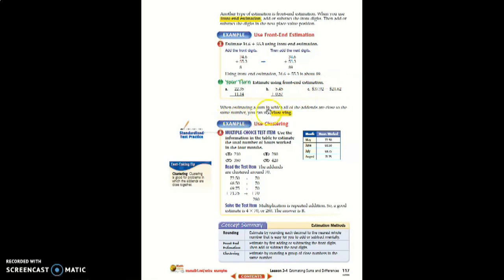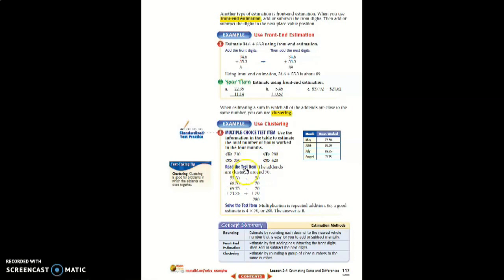When estimating a sum in which all of the addends are close to the same number, you can use clustering. Example: use clustering. Multiple choice test item. Use the information in the table to estimate the total number of hours worked in the 4 months.